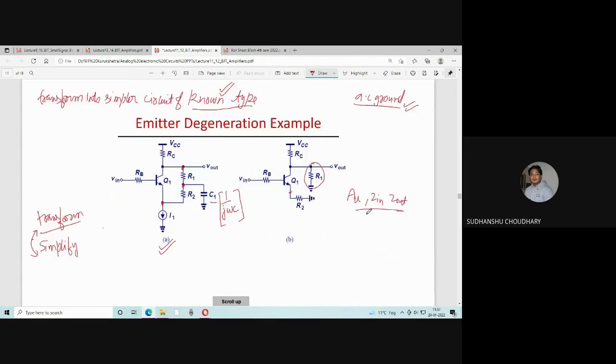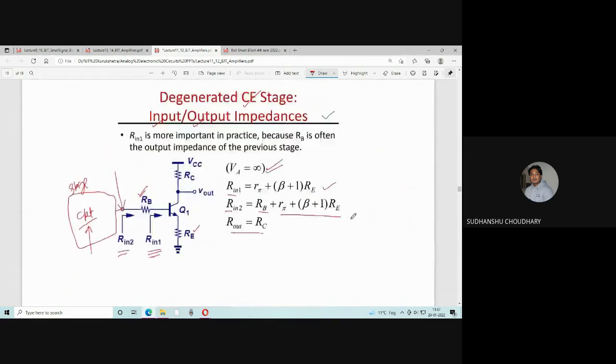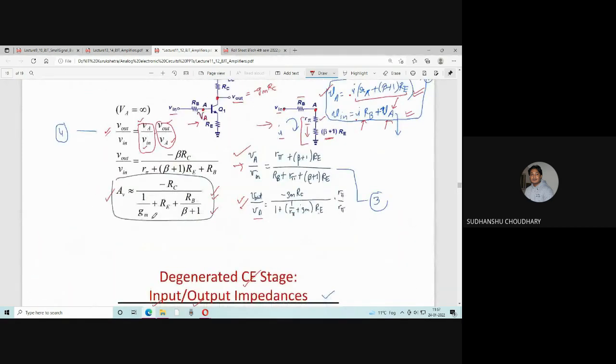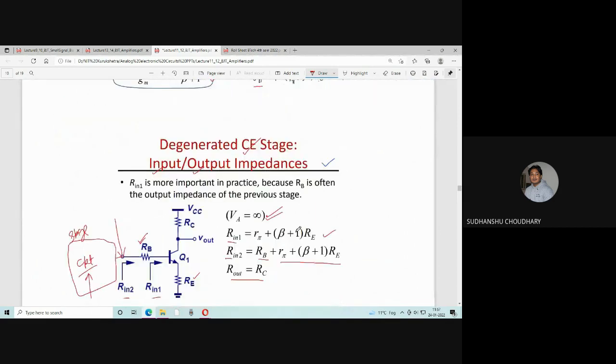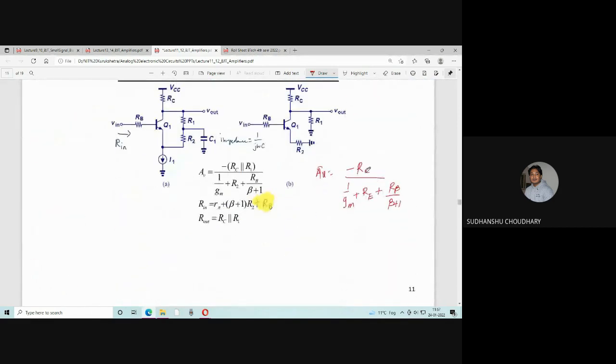So the same gain I have written here, as I had found it already.